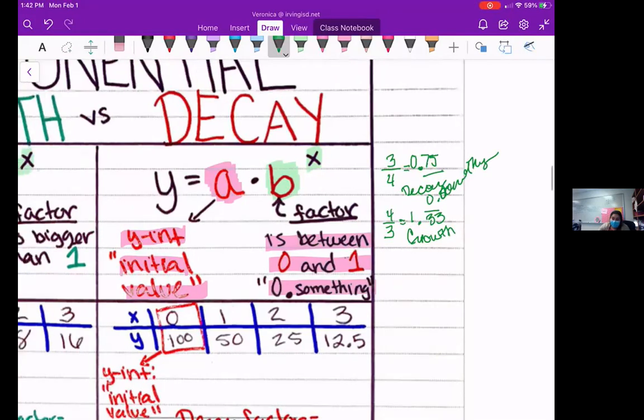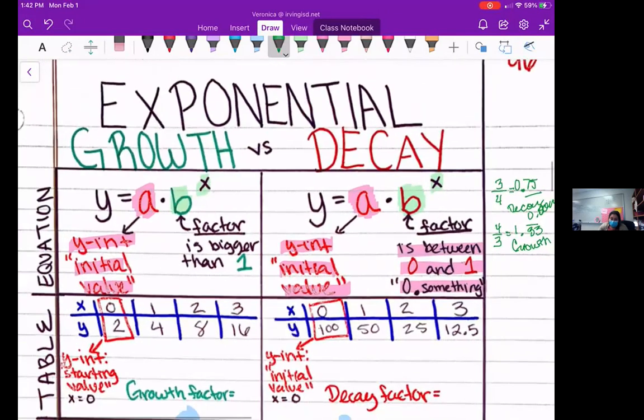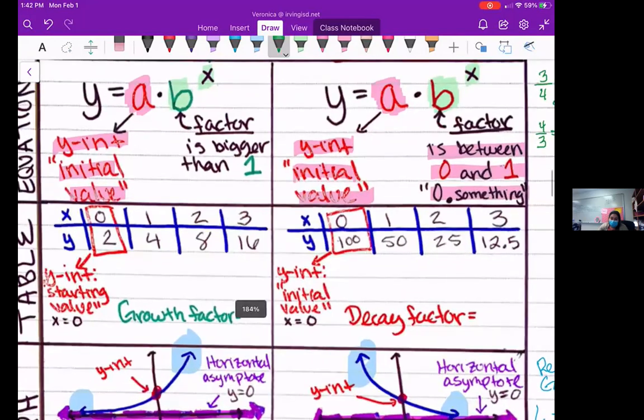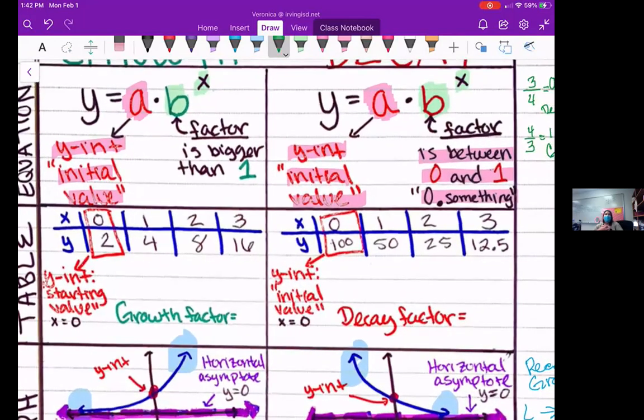Okay. So now after talking about the equation, now let's look at a table. Okay. So again, right now, I'm just trying to point out things that are a lot more logical, right? And kind of common sense so that when you're looking at it, you're like, oh, well, yeah, duh, that makes sense, right? So if you're looking at a table and its growth, do we see what our y values are doing?